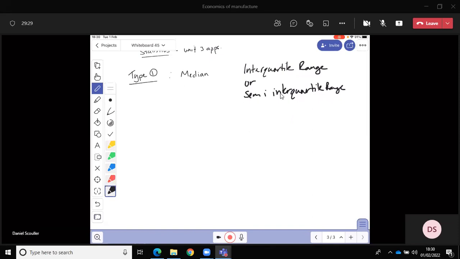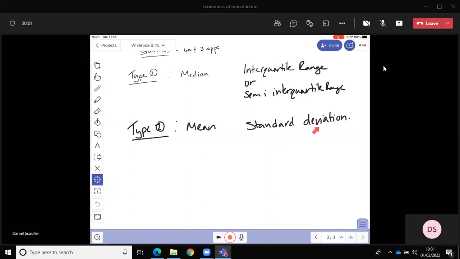Type 2 question that could come up asks about something called the mean, and we'll ask you to work out the standard deviation. So these are the two types of questions that might pop up.